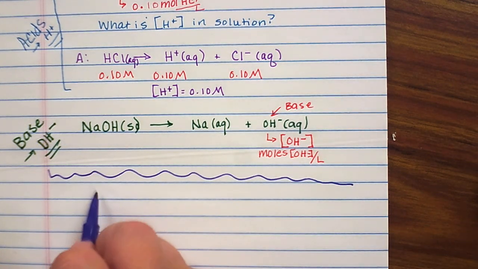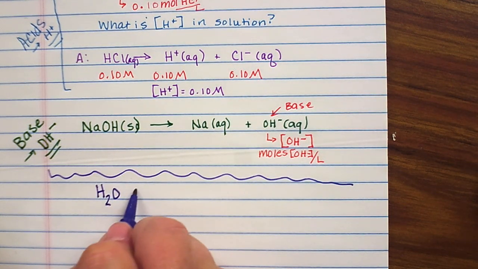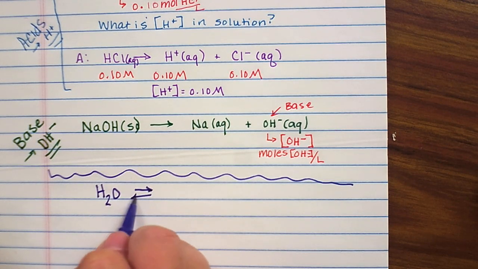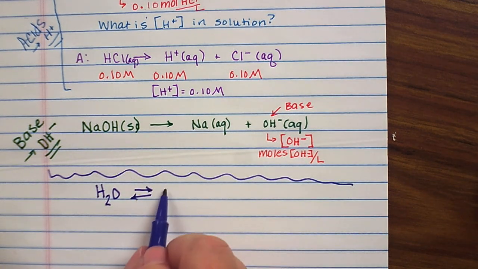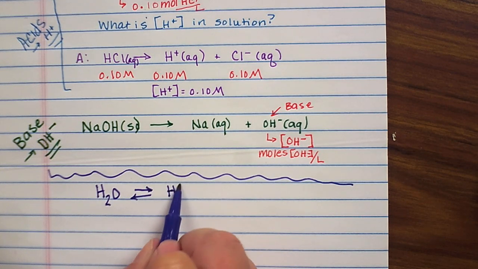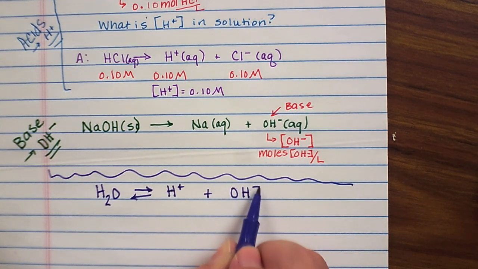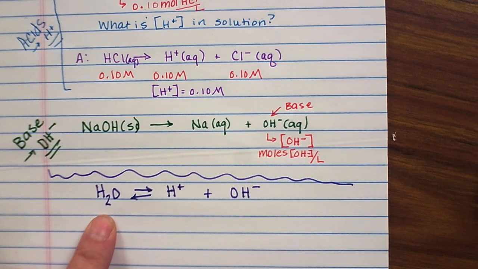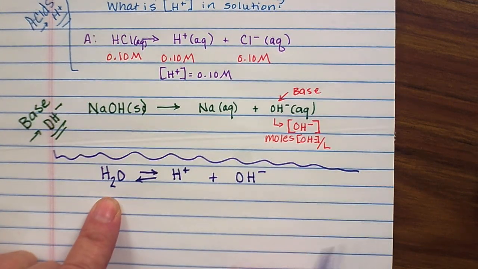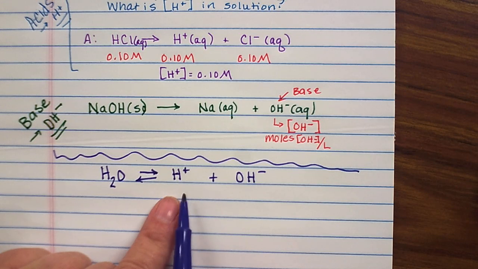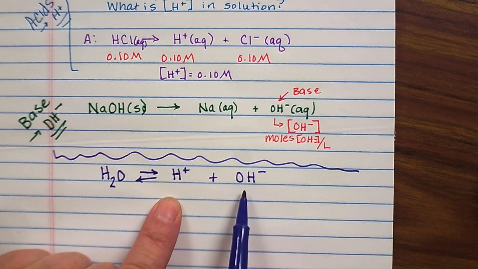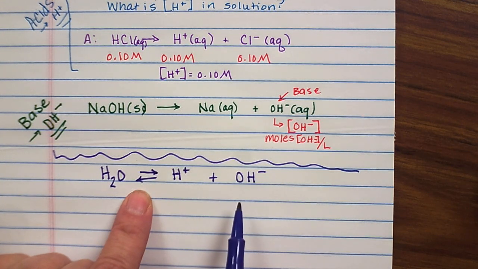Well, the reason is because water dissociates with an equilibrium into H plus plus OH minus. So here, in water, which is neutral, as we know, dissociates into H plus and OH minus, and it is at an equilibrium.